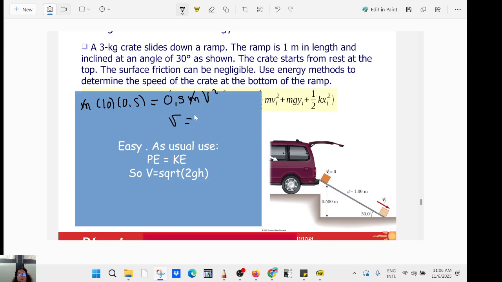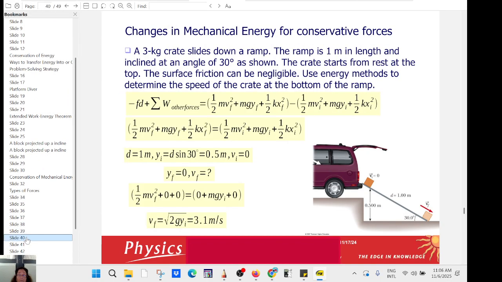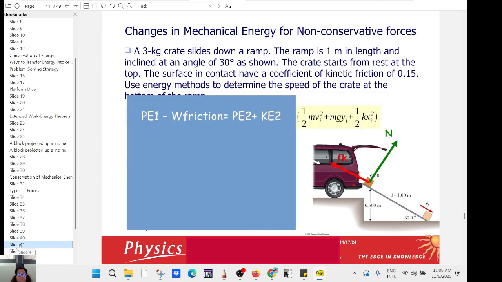And you get the famous equation: the speed is the square root of 2gh, the square root of 10, which is a 3 something, right? Agree? Okay, so this one is easy. So the answer is 3.1.